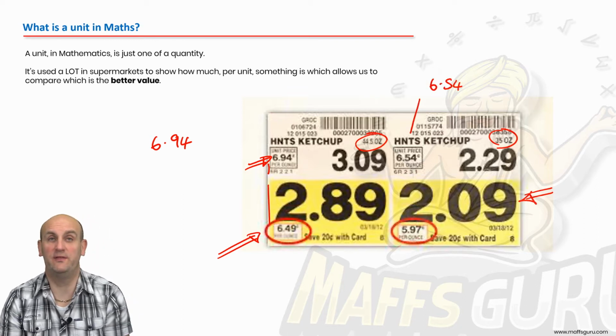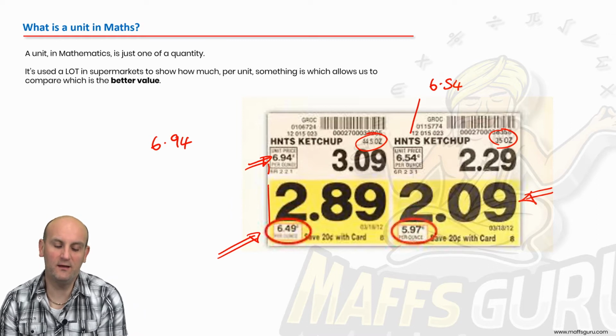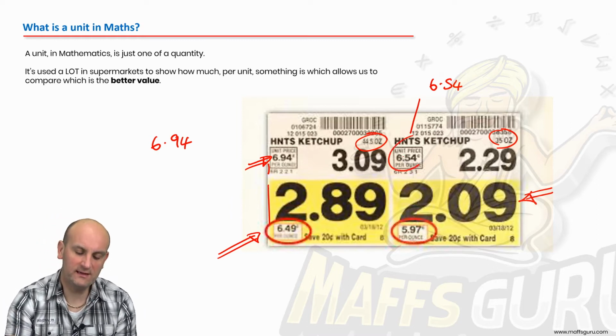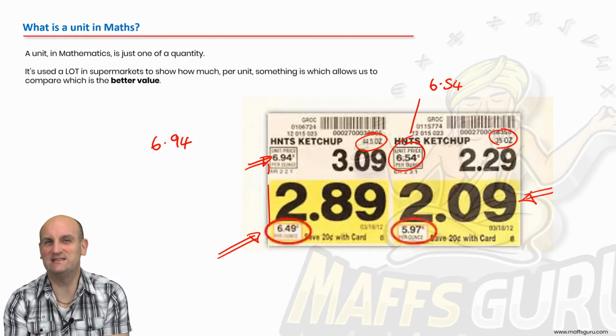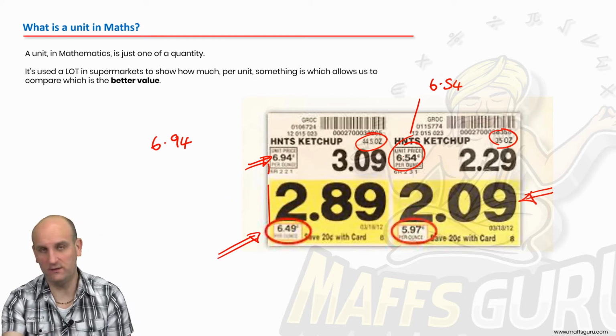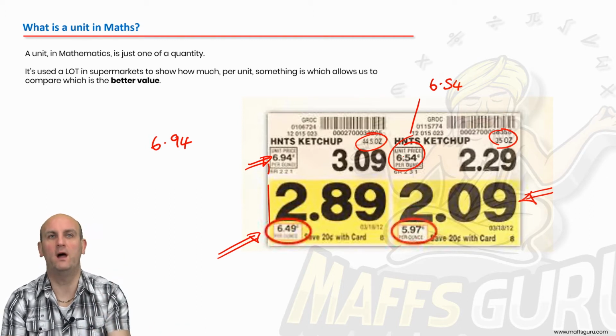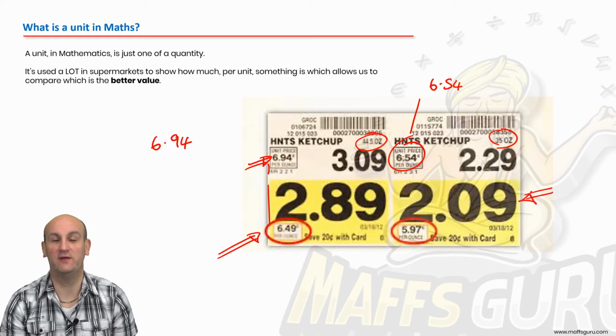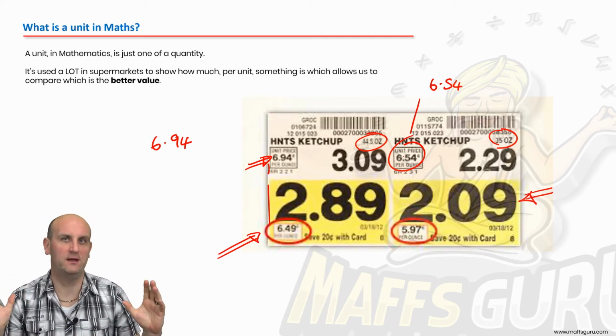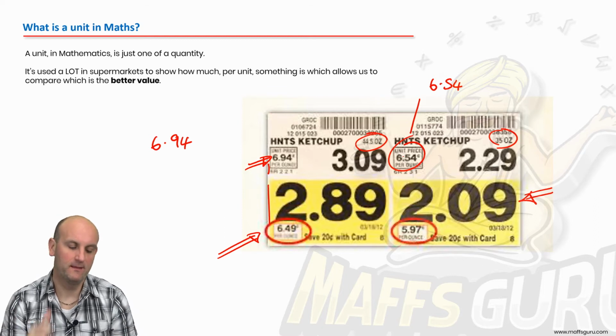So I'd be saying, aha, this one here is the better value because it's less per ounce. So if you ever go shopping, look at those. It's fascinating. Sometimes you're better off buying two of something than one, so don't get suckered into thinking bigger is better.